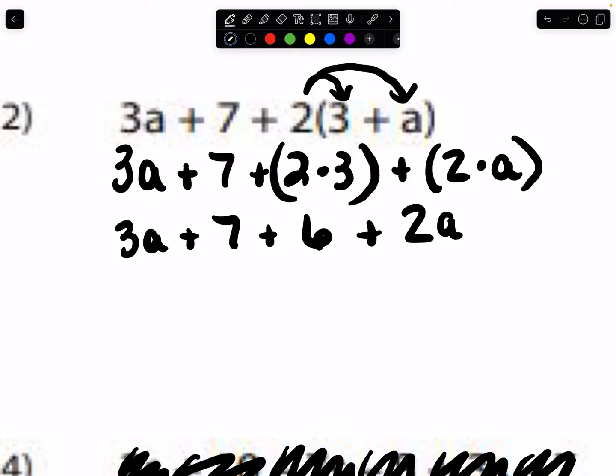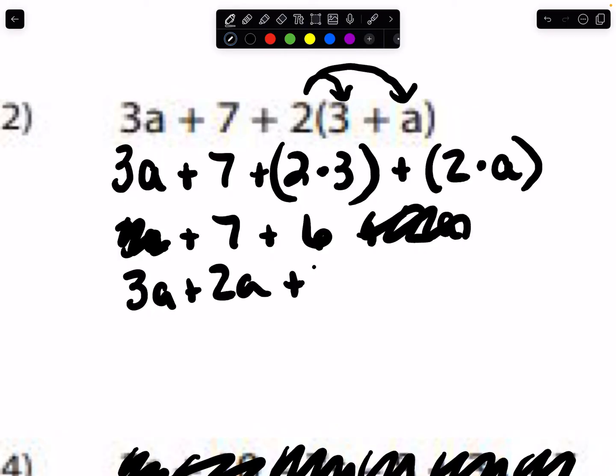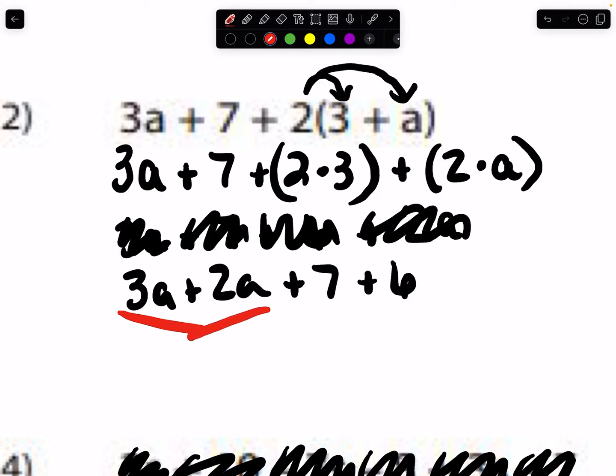Now we're back to what we did before. I'm going to rewrite it so that my a's are in order. 3a, done. Plus 2a, done. Plus 7, done. Plus 6, done. You combine your a's. I have a total of 3 a's, 1, 2, 3, plus 2 a's, 1, 2, and I have 5a.